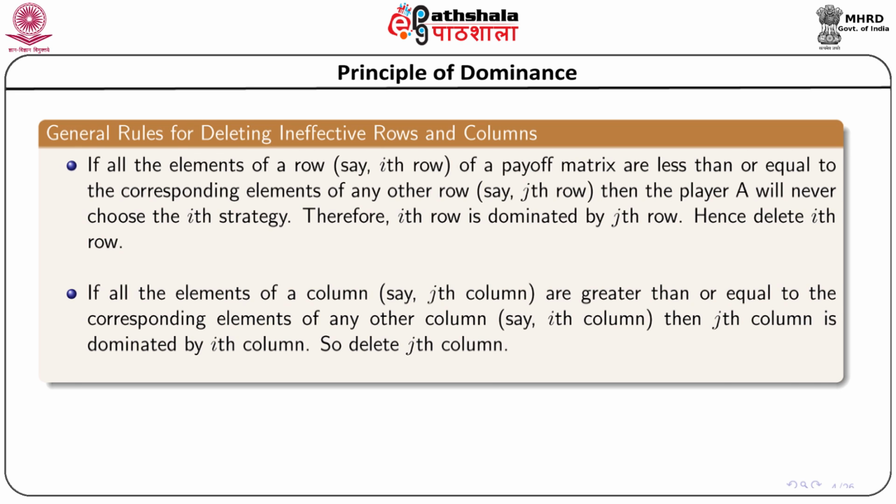Therefore, ith row is dominated by jth row, and hence we can delete ith row. If all the elements of a column, say jth column, are greater than or equal to the corresponding elements of any other column, say ith column, then jth column is dominated by ith column. So, we can delete jth column.